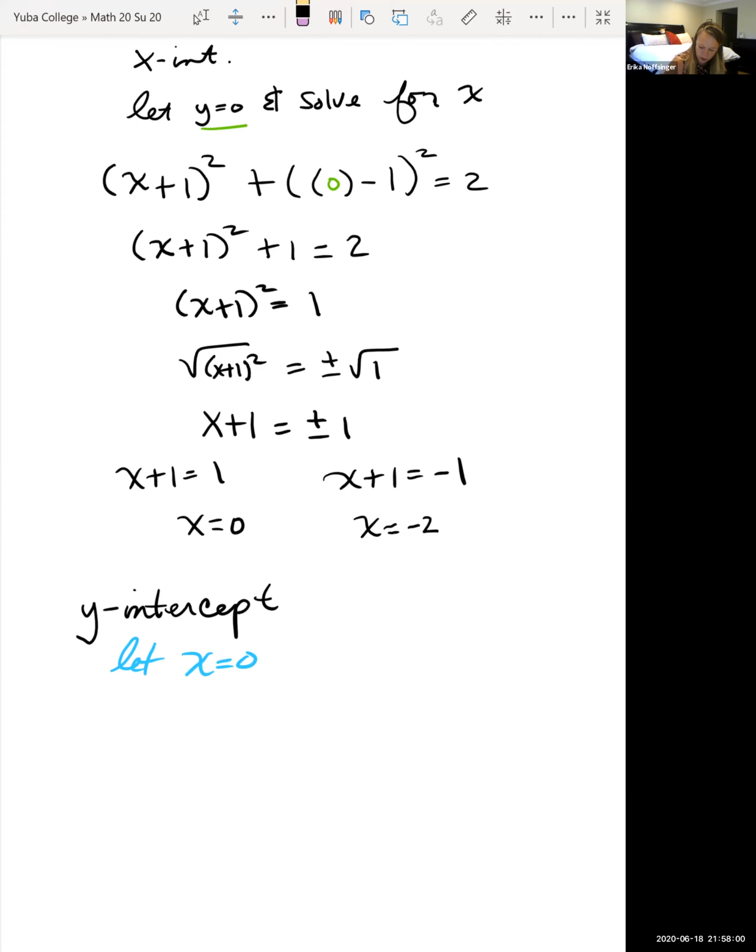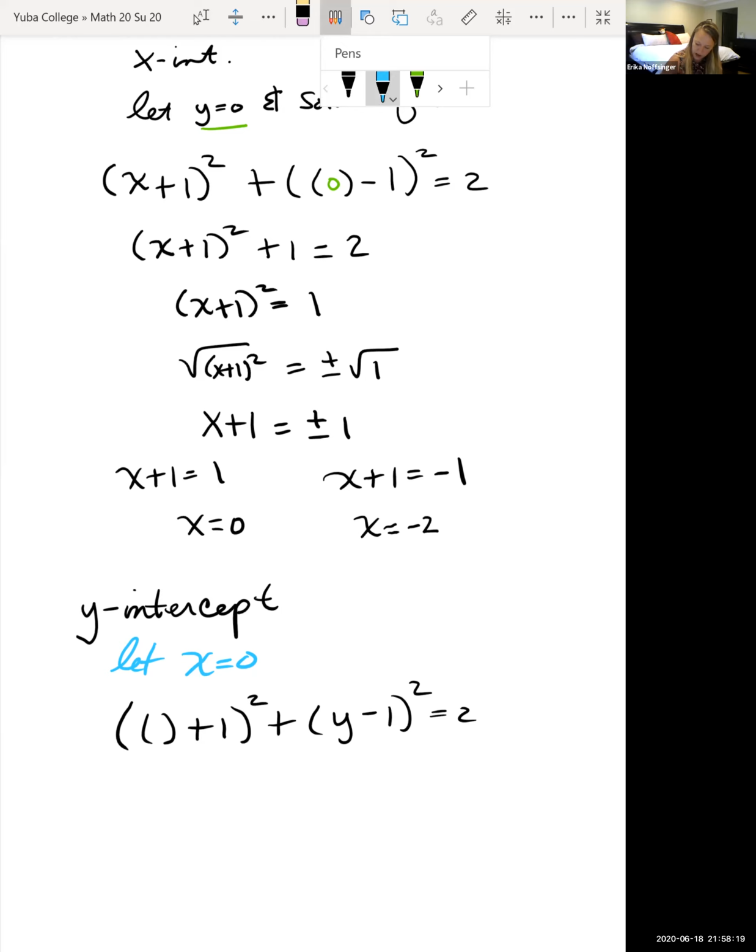So we're going back to our original equation, which was (x + 1) quantity squared plus (y - 1) quantity squared equals 2, but we're replacing x with 0. Solving for y now, we have 1 quantity squared is 1, plus (y - 1) quantity squared equals 2.